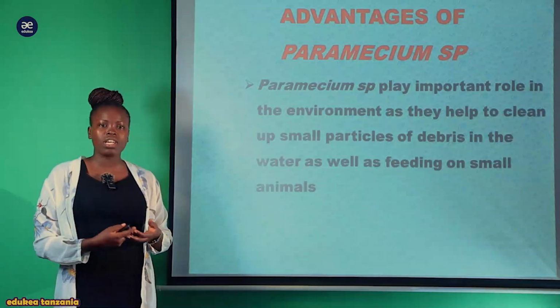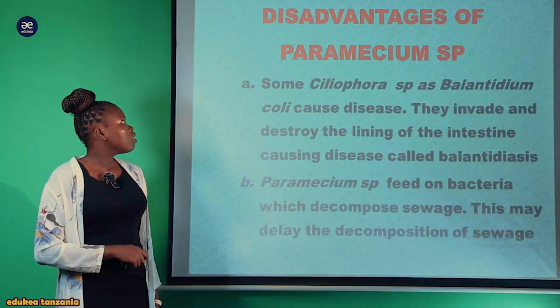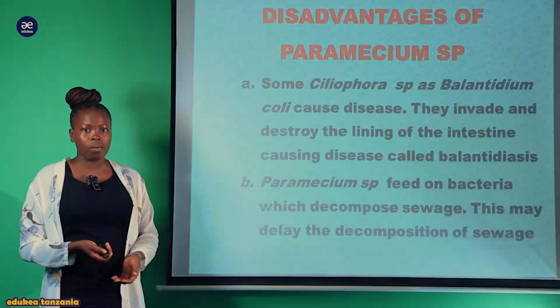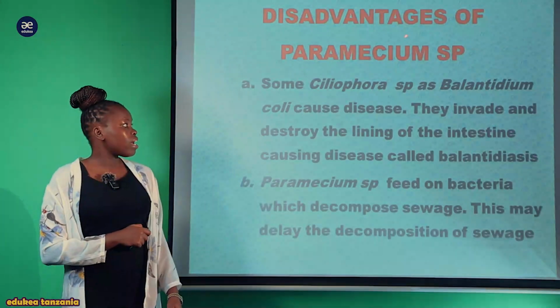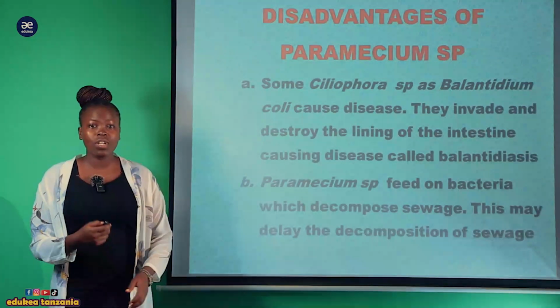Now, what are the disadvantages of the paramecium species? Some Paramecium species, example Balantidium coli. This Balantidium coli is found in the anapatikana kwa nguruwe.